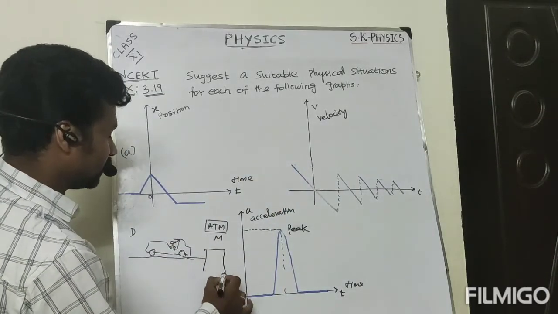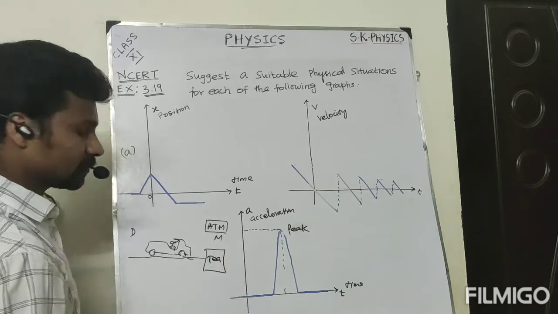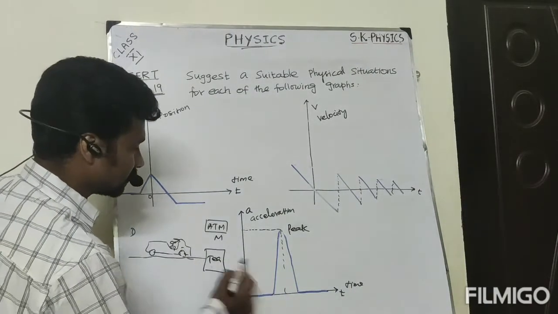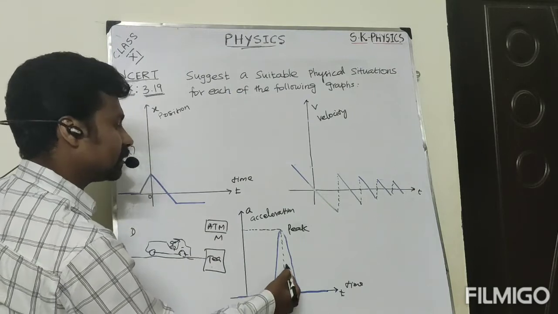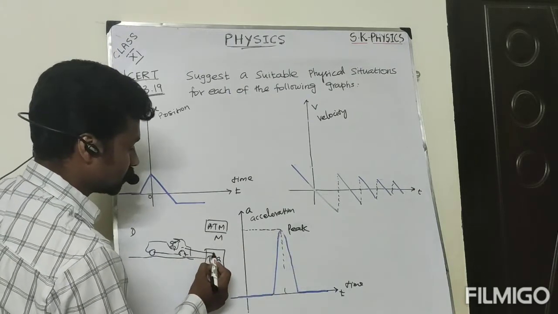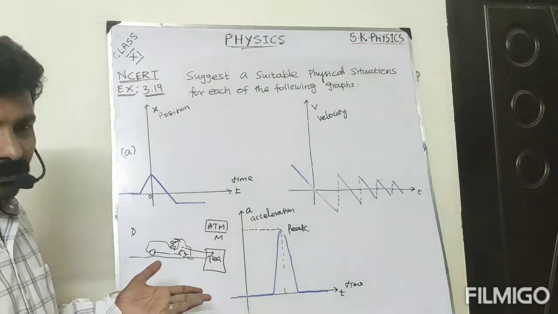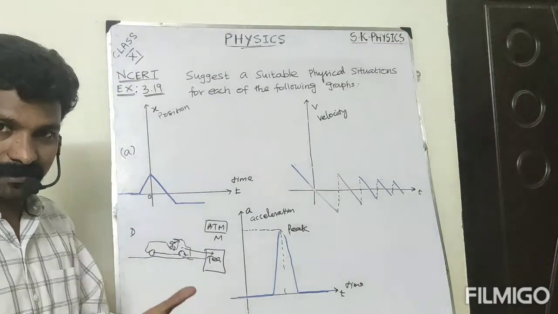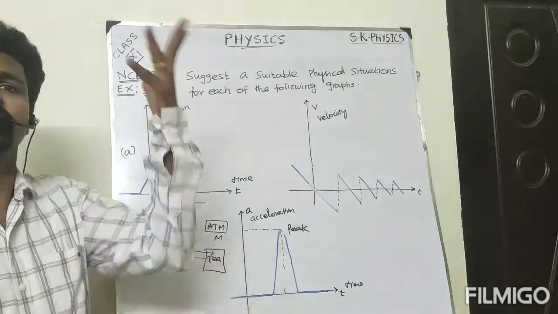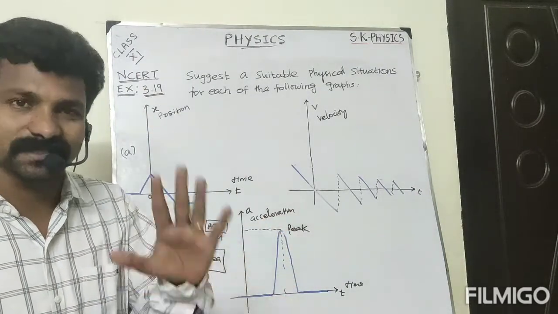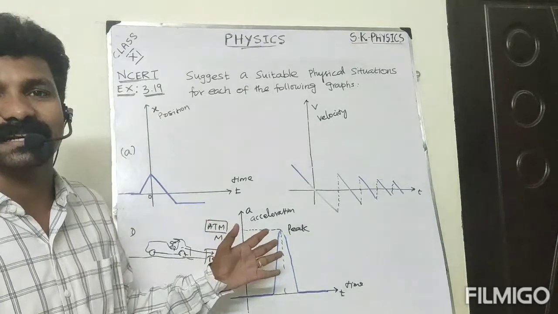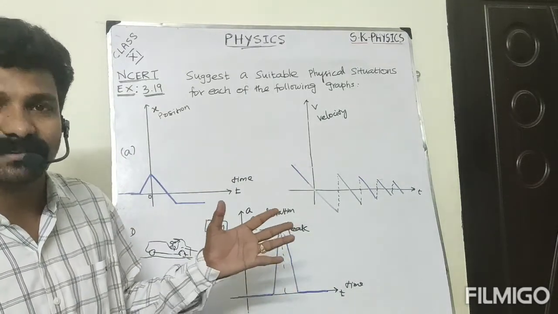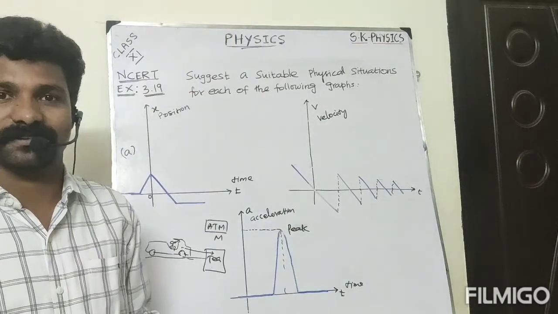Near there was one tea stop, so the bike immediately got to its peak point at the tea stop. So it's a sudden change. This graph represents sudden changes, especially sudden acceleration.